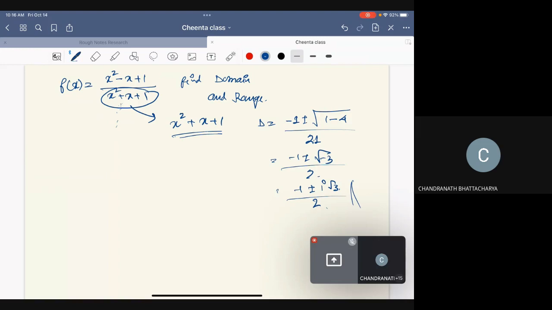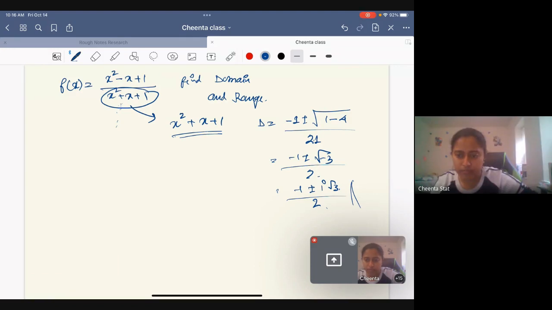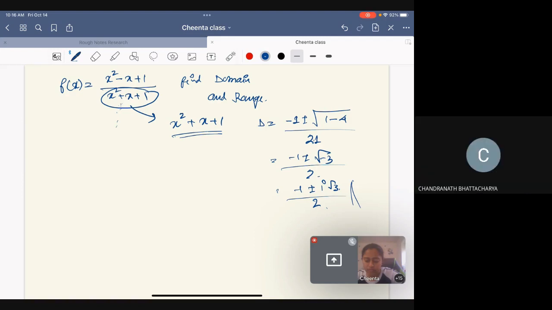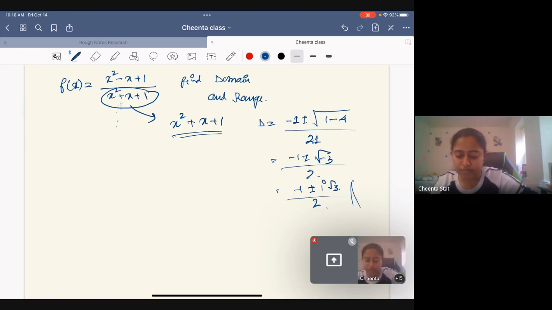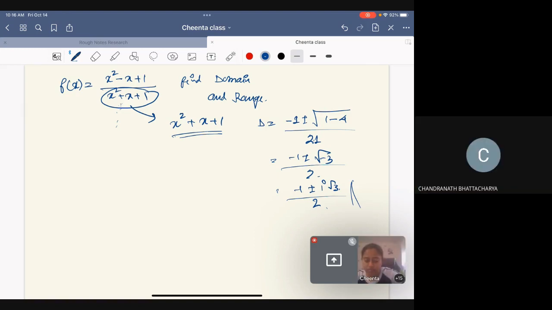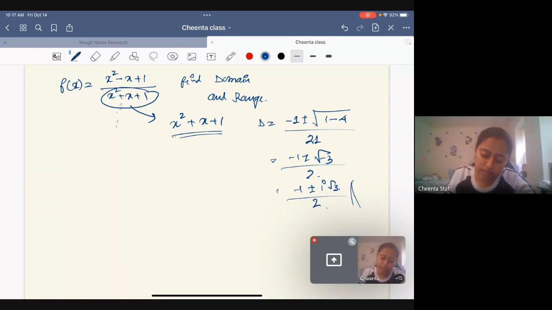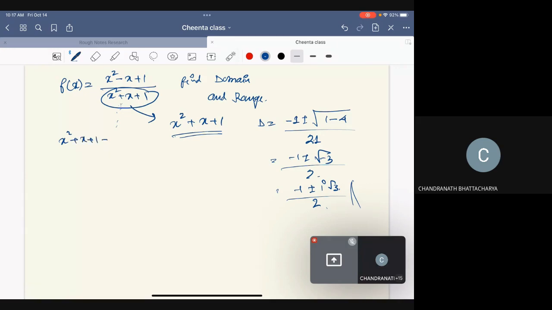Actually, f(x) is equal to x square plus x plus 1 minus 2x by x square plus x plus 1, which is 1 minus 2x by x square plus x plus 1.